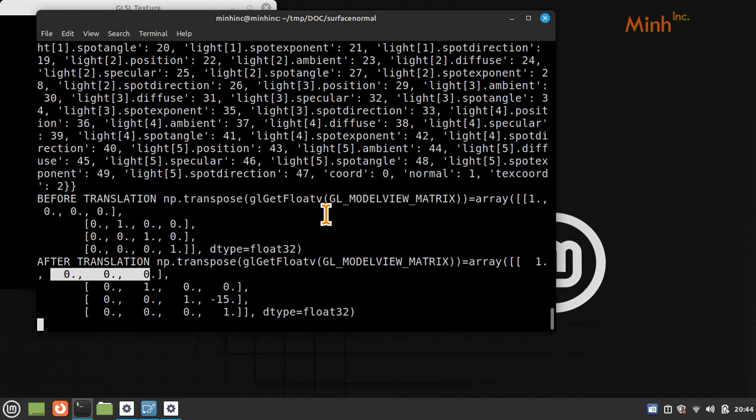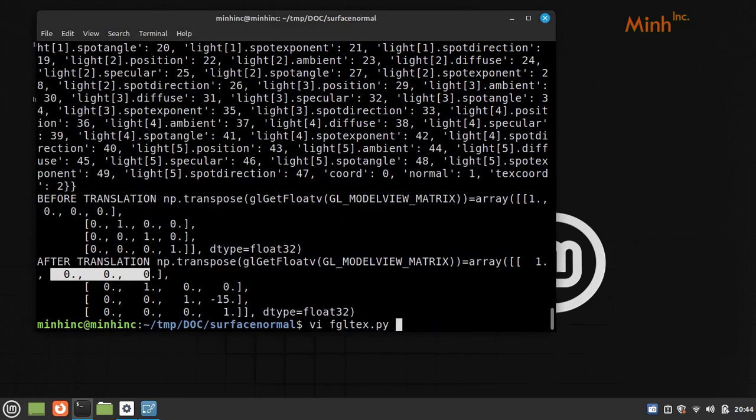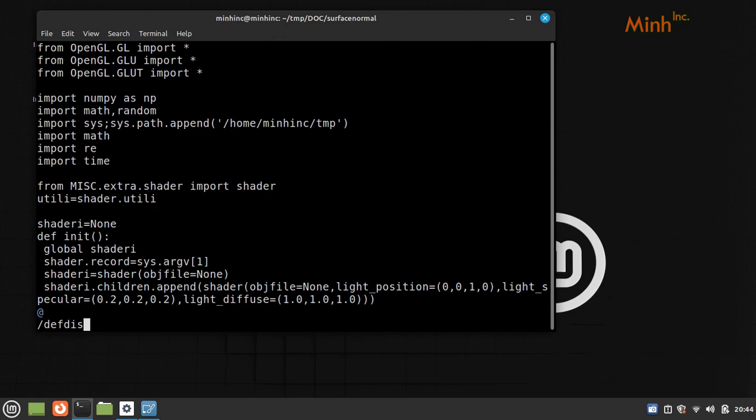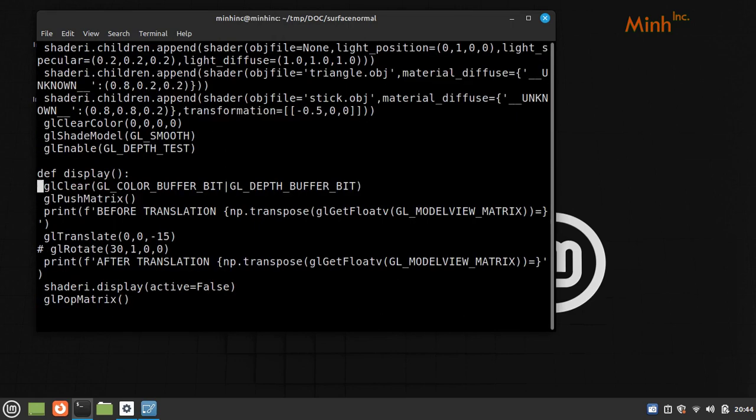Okay, so probably I can print it in a different way. Before translation and after translation.